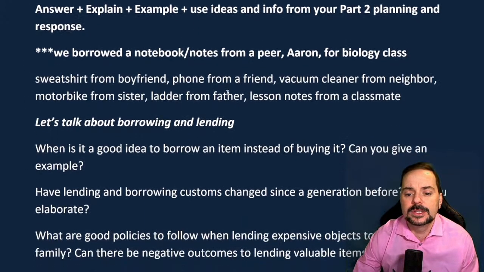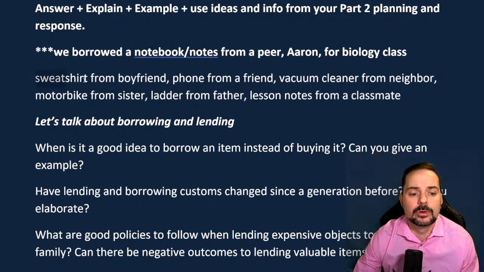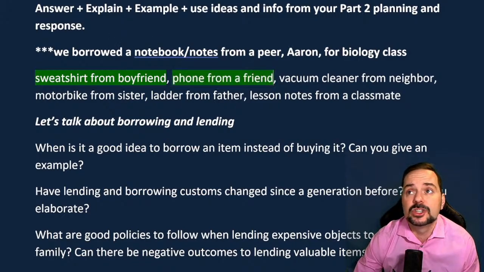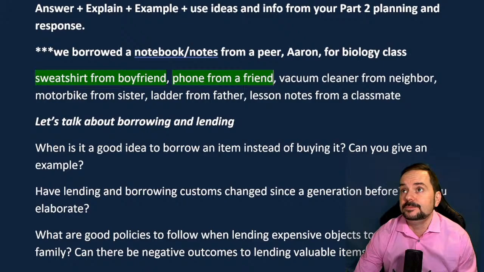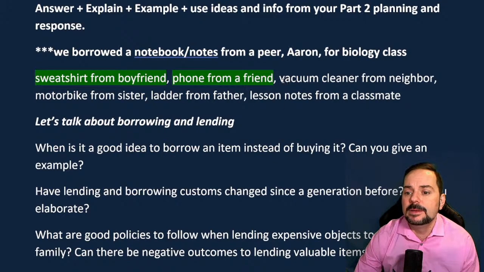And the students in the last class said that we could borrow a sweatshirt from a boyfriend, some clothing, right? A phone from a friend, so maybe some kind of digital device. Hi Bahora, hi Islam Job. Maybe a vacuum cleaner, so some kind of home appliance from a neighbor.